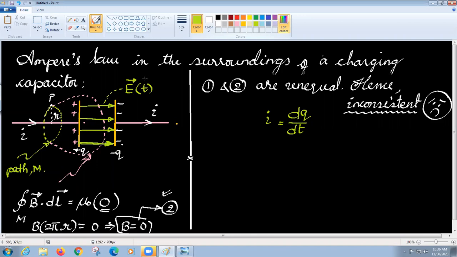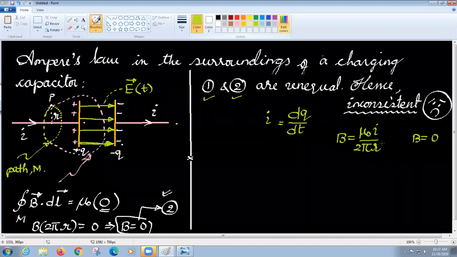Now you tell me, this electric field which is varying with time, this will account to make 1 and 2 consistent. In equation number 1, we have B is equal to mu naught I over 2 pi r. In equation number 2, we have B is equal to 0. It's a clear flaw. Now, who is going to fill this gap, or make this consistent?